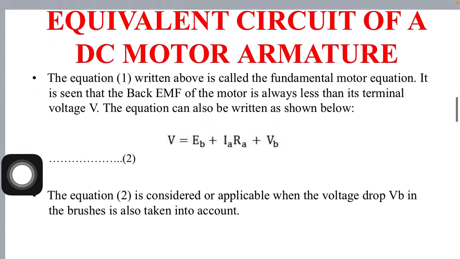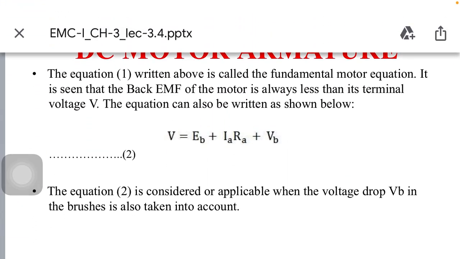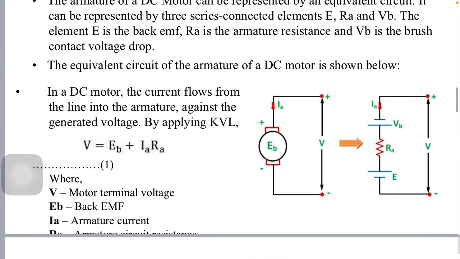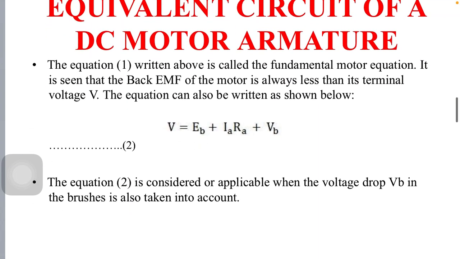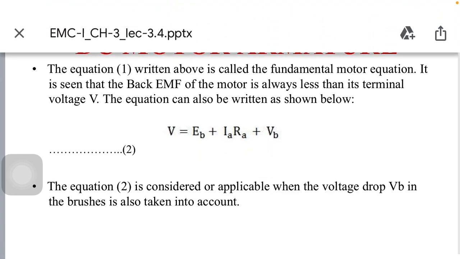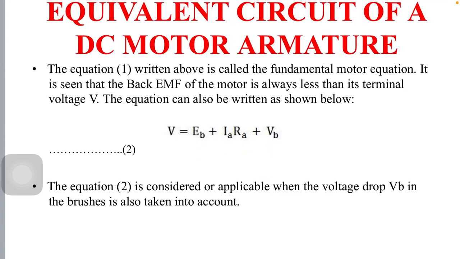Okay, now equation 1 written above is called the fundamental motor equation. When we talk about the fundamental equations, keep in mind the voltage equation of the motor, V is equal to EB plus IA RA. Then V is equal to EB plus IA RA plus VB, where VB is the brush voltage.